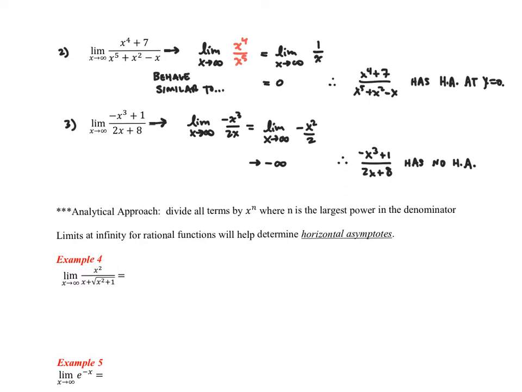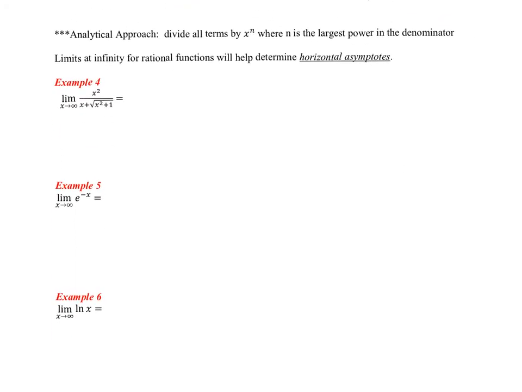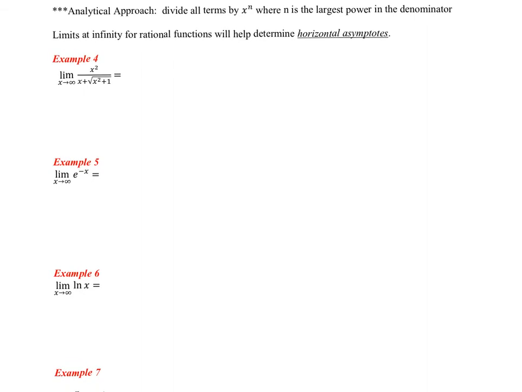All right, let's look at the analytical method for finding horizontal asymptotes, a different method here. Limits at infinity for rational functions will help determine horizontal asymptotes. That's nothing new to us. But first of all, in example 4, we want to identify the highest degreed term in the denominator. So you might think, well, I see an x squared in the denominator. That's fine, and that is true, but an equivalent highest degreed term is actually x.